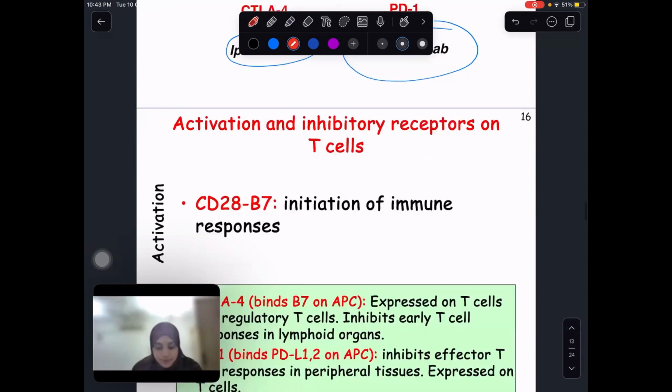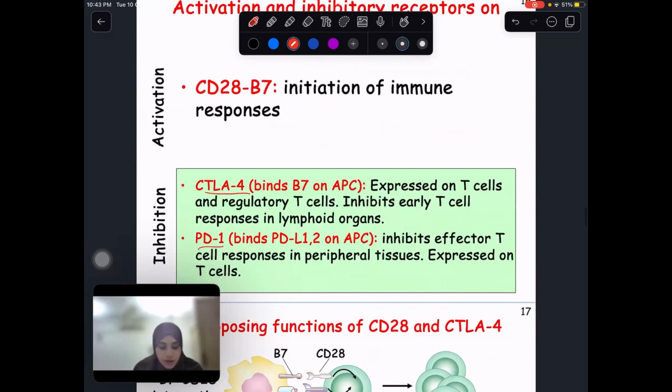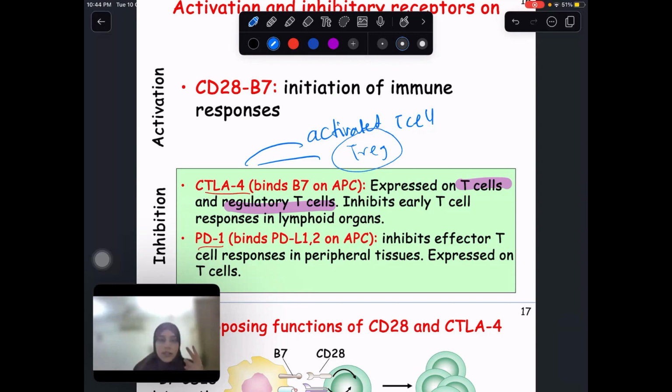Now, as I mentioned, there is CTLA4 and PD-1. Make sure you know that CTLA4 is expressed on activated T cells as well as on Treg. I already talked about how Treg suppress in two different ways, the cytokines and the inhibitory receptors. This is one of them.